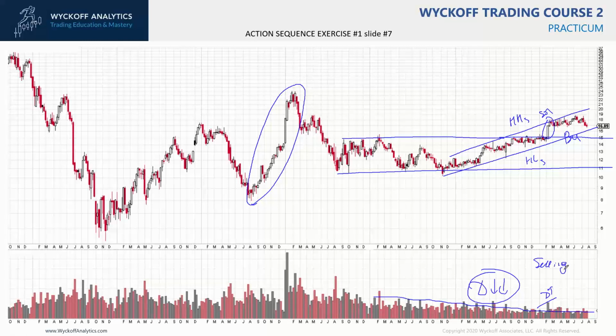Judging from the wicks on the bars, it looks like there's some selling going into this backing up action. But there's probably no aggressive selling like we've had in the downtrends on those big reactions, right? Look at the volume signature we would have where they would aggressively sell.